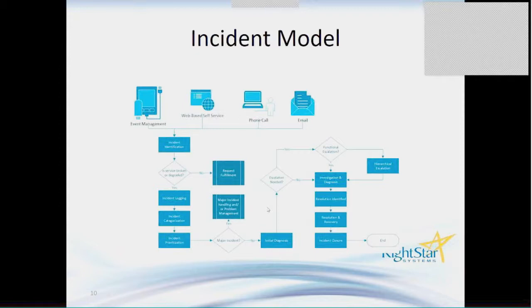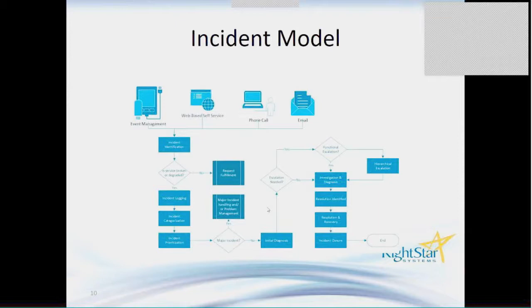And then we go through, after the request is prioritized, we have a diagnosis. If there is escalation, then the incident can be escalated. The idea in Agile, of course, is that with increased communication and cooperation between teams, and by having cross-functional teams, you may be able to reduce the number of escalations.